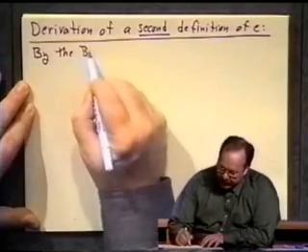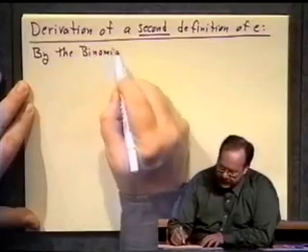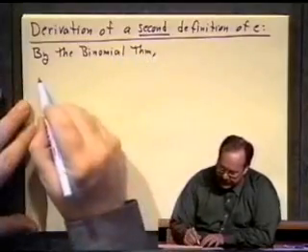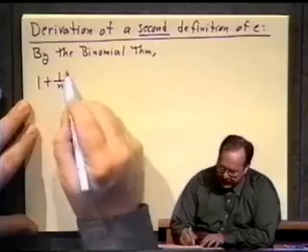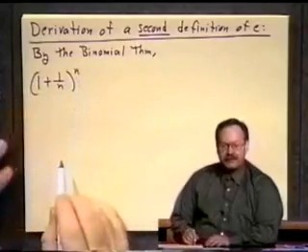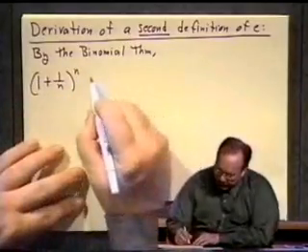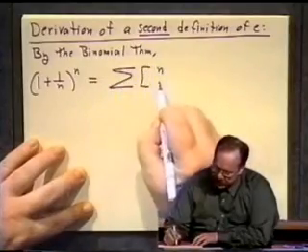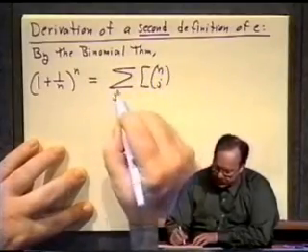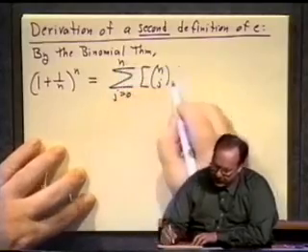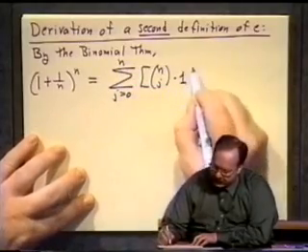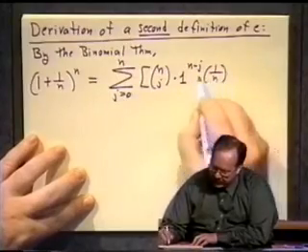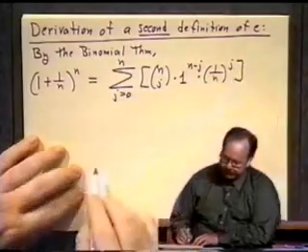By the binomial theorem, which was the last thing we did in Unit 7, if we take that expression 1 plus 1 over n to the nth power, that after all is a binomial, we can write it out as the sum of the n choose j's, where j goes from 0 to n, of the first term is 1, so 1 to the n minus j, times 1 over n, the other term, to the jth power.